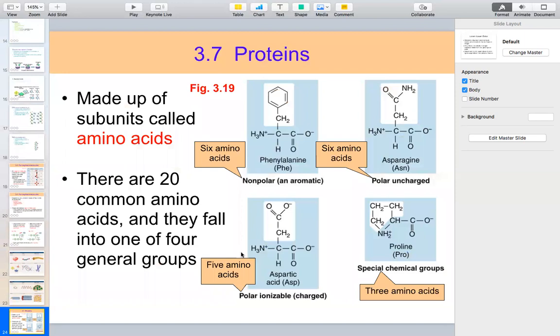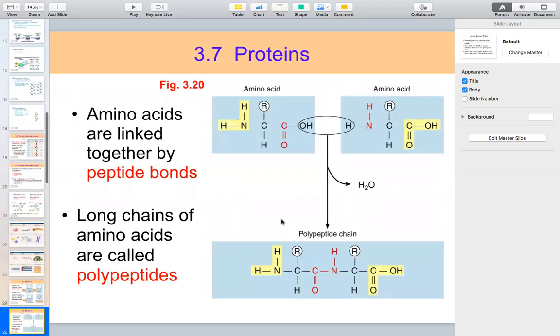And again, I told you there are around 20-something amino acids. These are just different examples of them. Remember, the R group represents the side chain, because we have our amino group, our carboxyl group, a carbon, and then some side chain that we normally label R. Some will have different charges and some won't. All that has a big effect on what type of proteins we end up making. And remember I was telling you essential amino acids you have to get from your diet.